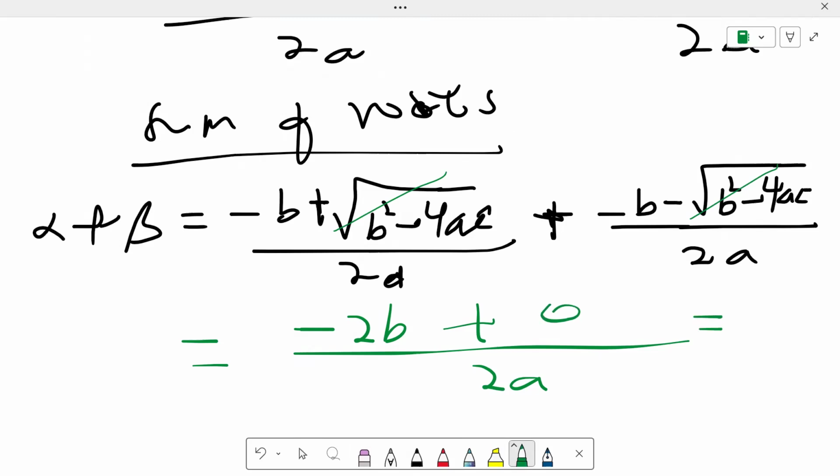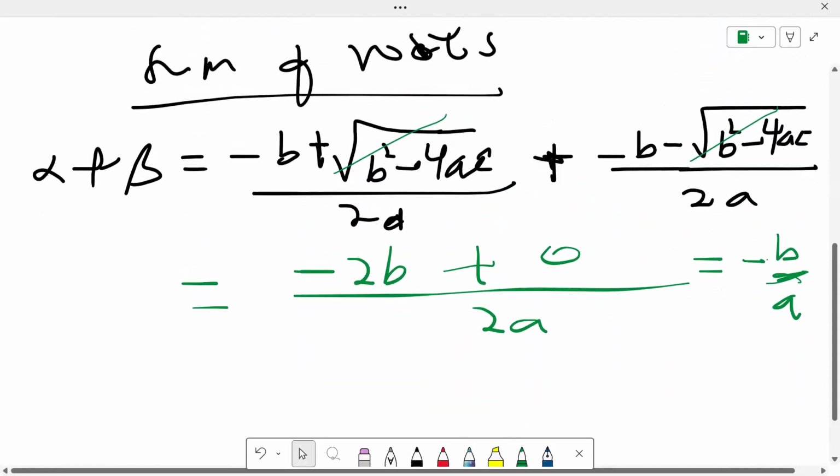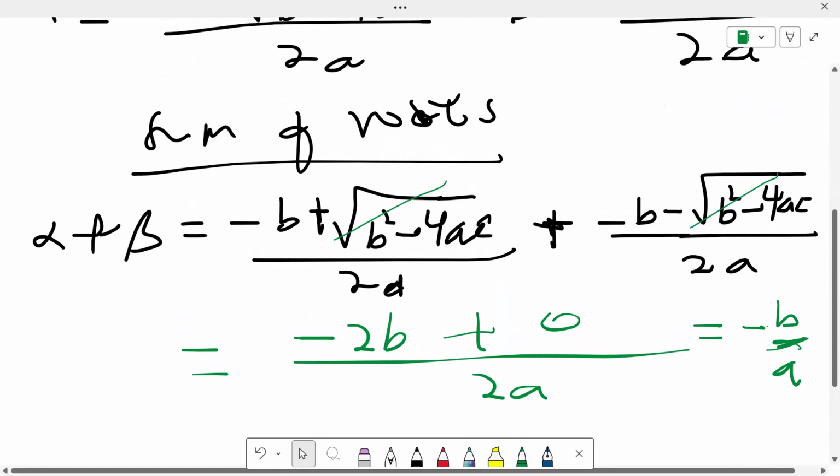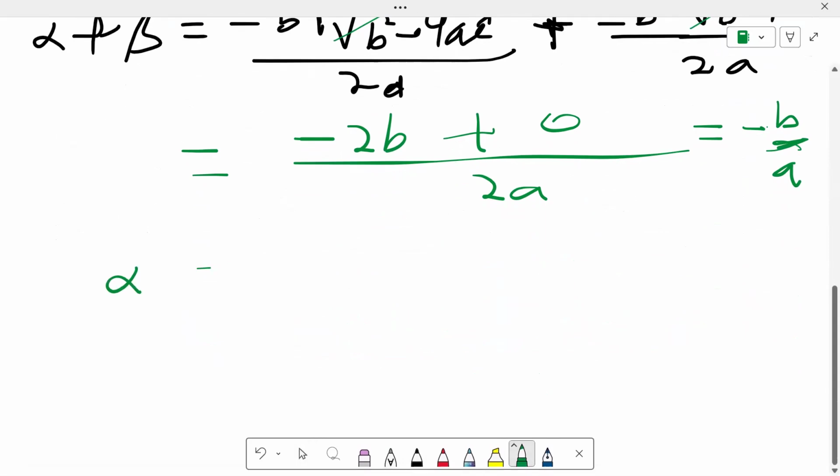So we can say that finally, we will get negative b on a. All right. So we shall get negative b on a. Then concluding, you can now conclude that the sum of roots will be minus b on a.